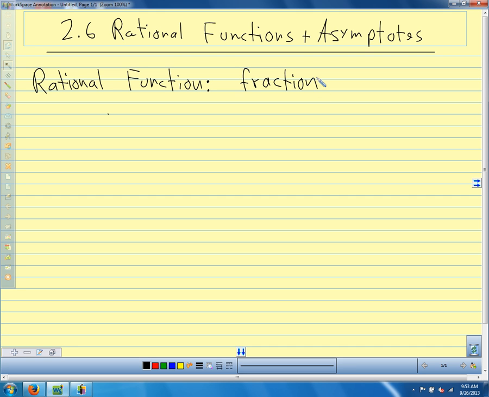And we're talking about functions, so what kind of functions do you guess we're making a fraction out of? What kind of functions have we been talking about for the whole unit?